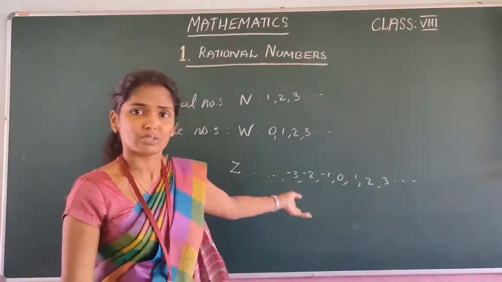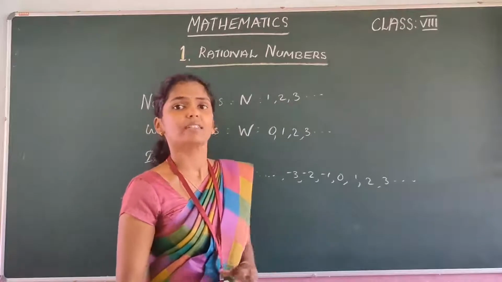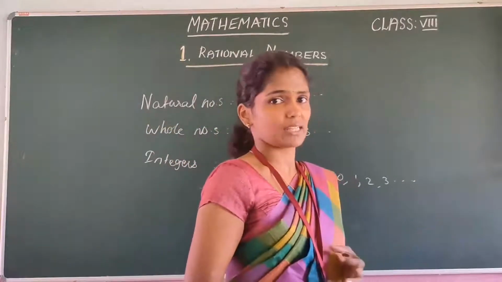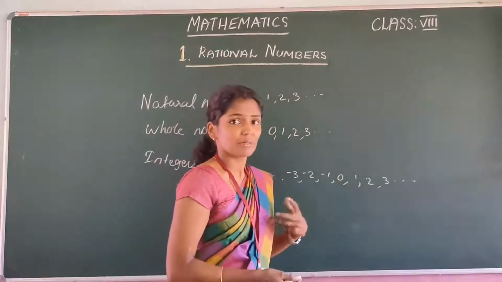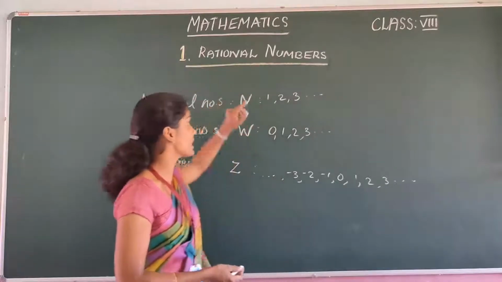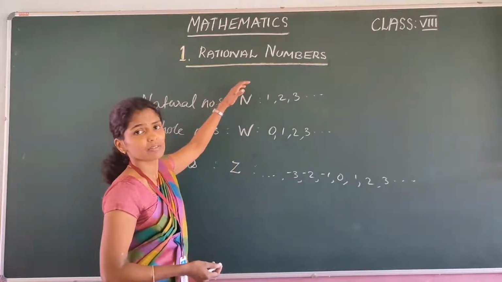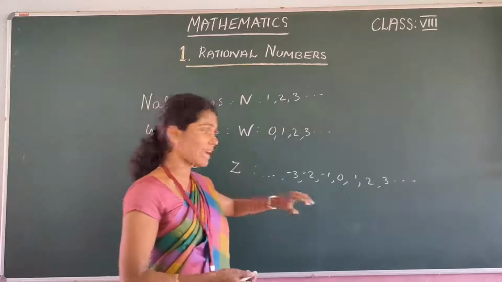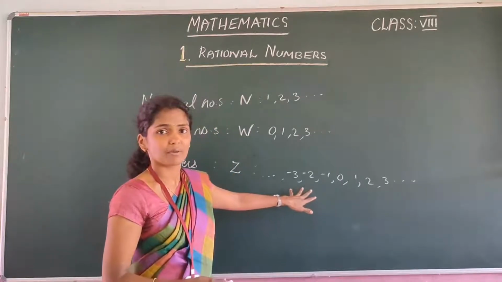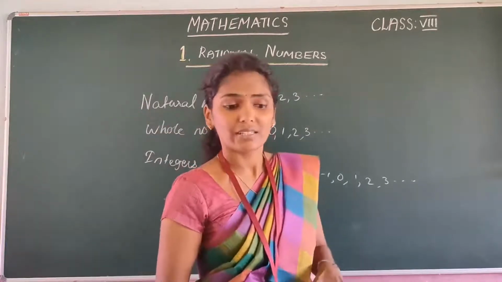Some other numbers also there, right? Half, 1/3, 3/4, like that, some fraction numbers. What do we call those numbers? We call those numbers rational numbers.